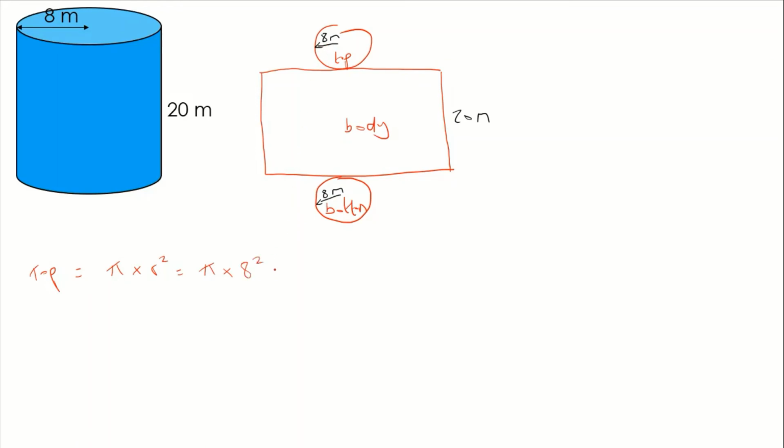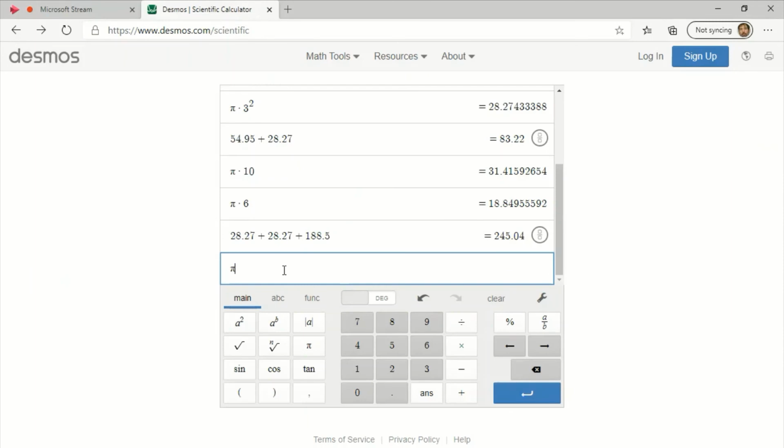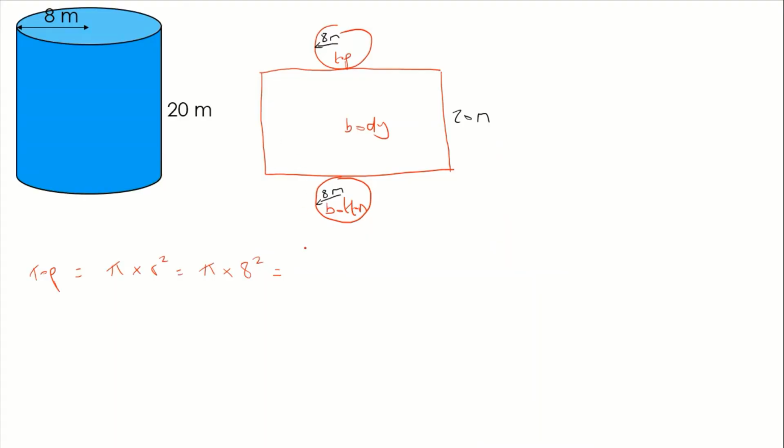So it's pi times 8 squared, which gives me 201.06. Remember, if you're using 3.14 for pi, you will get slightly different answers, but as long as they're close, it's fine. The bottom will always be the same as the top because they're the same shape.